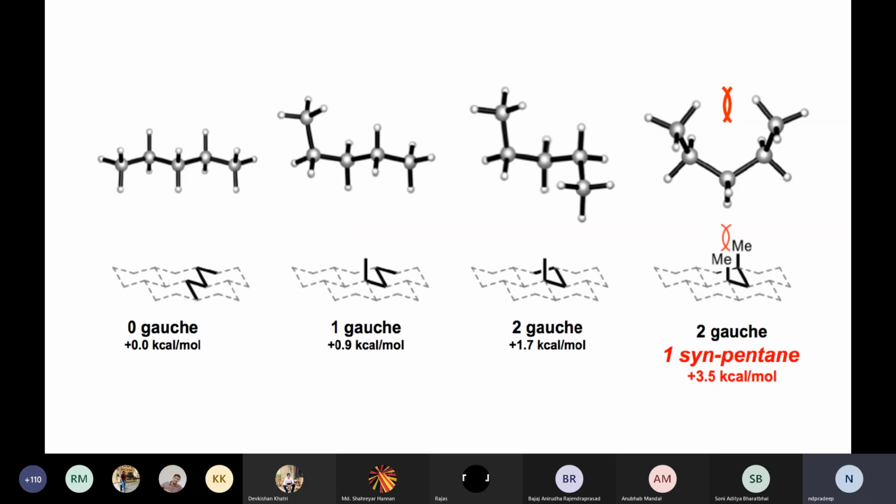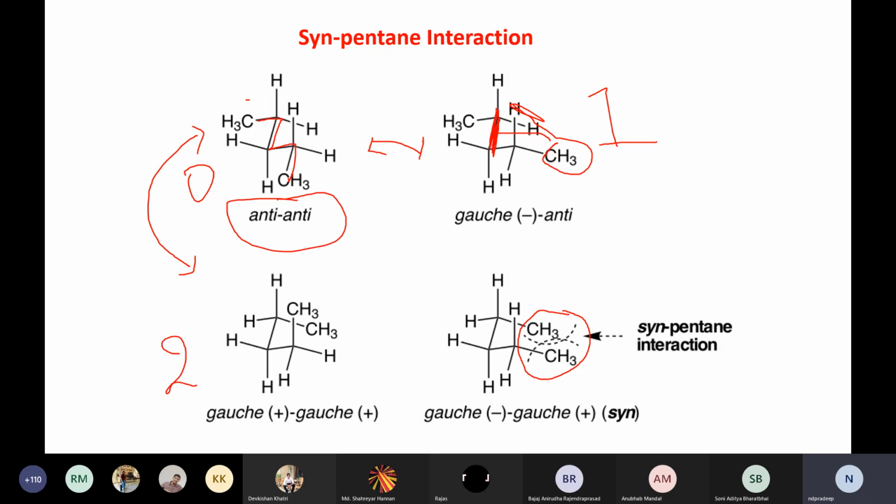Once you see Gauge and Gauge with no pentane interaction, then both are in the same Gauge plus and Gauge plus. Another one will be a V-shaped one where 2-methyl interacts. That will be Gauge minus and Gauge plus with a syn interaction.